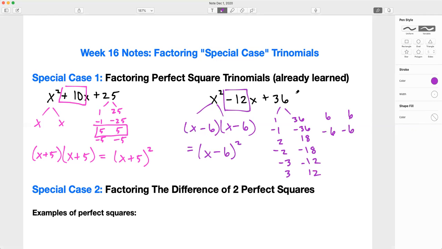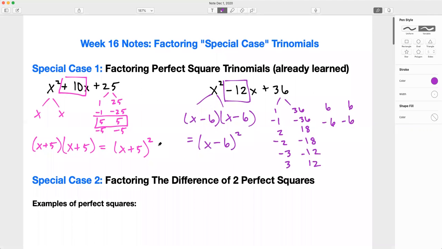So again, folks, this is a perfect square trinomial. Why? Because we took x minus 6 and multiplied it by itself to get it. Just something to point out. Sometimes you can identify these perfect square trinomials by looking at the last number and just seeing, is it a perfect square?